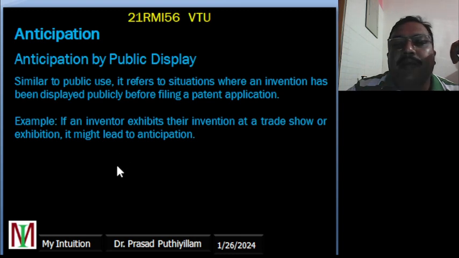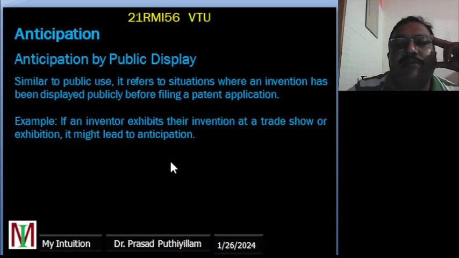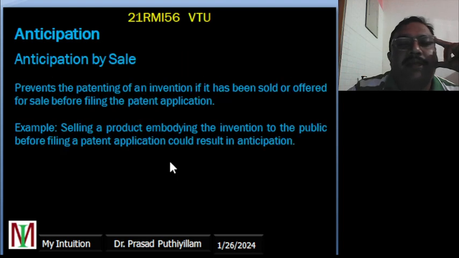Then comes anticipation by public display. Similar to public use, it refers to situations where an invention has been displayed publicly before filing a patent application. For example, if an inventor exhibits their invention at a trade show or exhibition, it will lead to anticipation. Anticipation by sale.